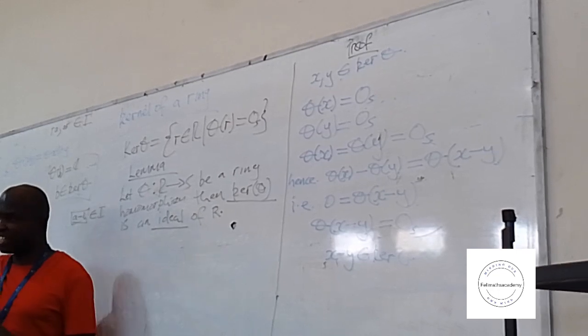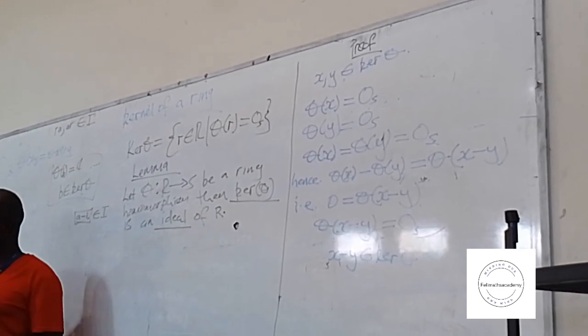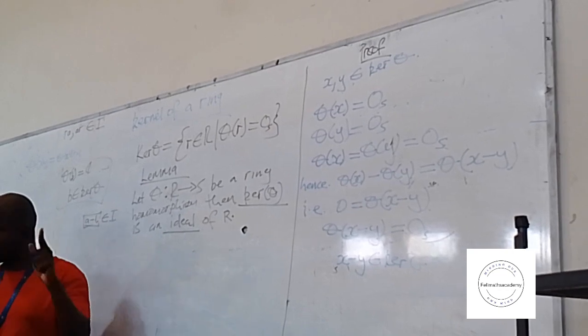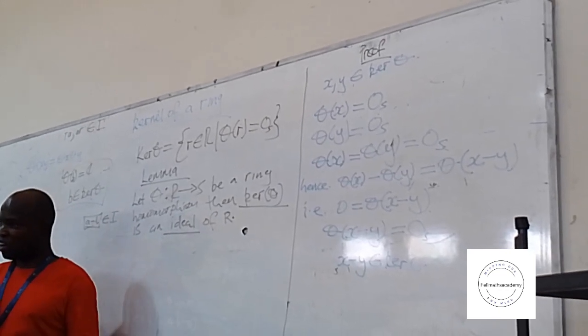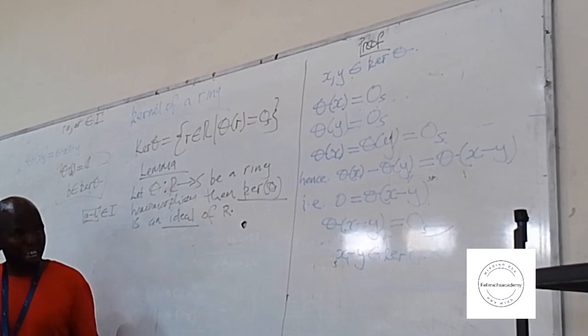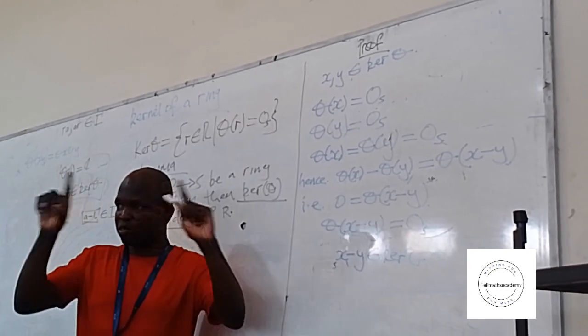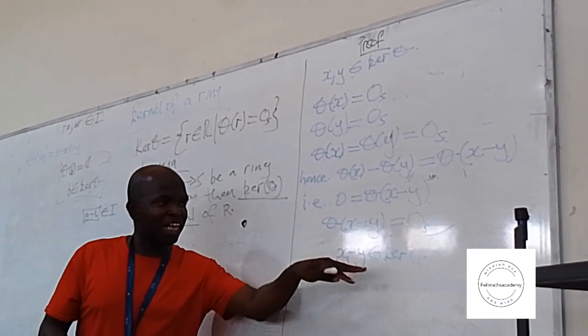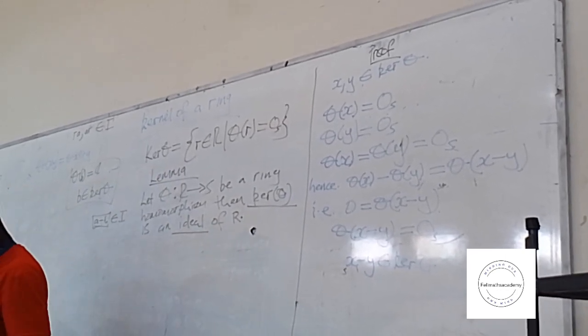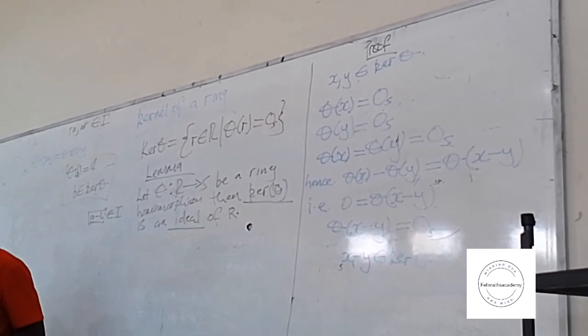With the definition of an ideal. Remember, we are going to prove that this is an ideal, so we include the properties of an ideal. So X minus Y is included in the kernel of theta.